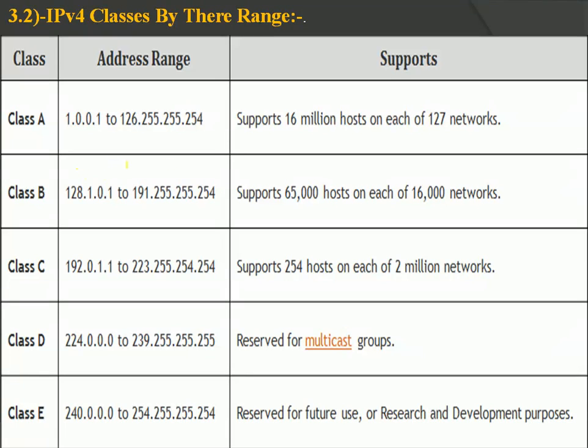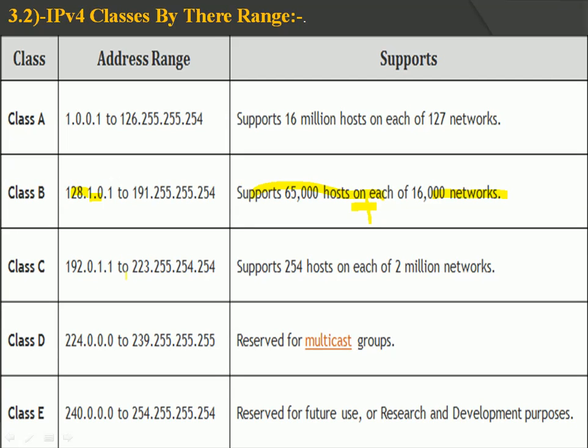The second one is class B. The range of class B is 128.1.0.1 to 191.255.255.254. The total number of hosts and the total number of networks are there, and how many IP addresses are available is the addition of both host and network.